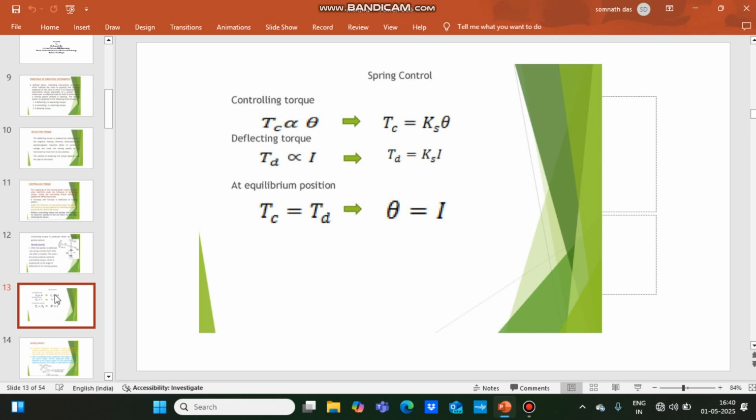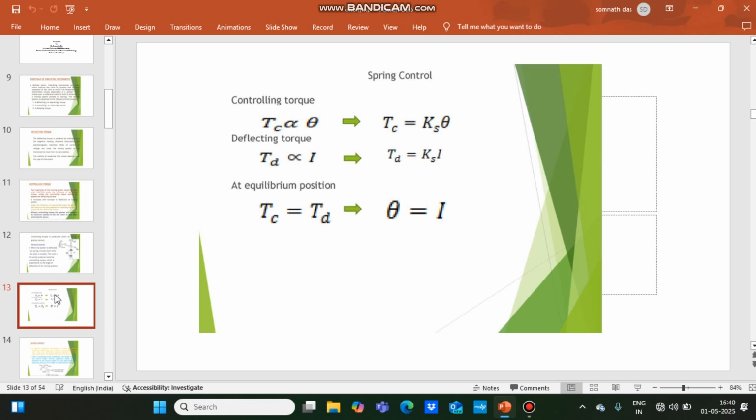In case of controlling torque, Tc is proportional to the angle of deflection theta. We can write Tc equal to Ks into theta, where Ks is the spring constant. Deflecting torque Td is proportional to the current flowing through the instrument I, or Td equal to Ki into I. At equilibrium, we can write controlling torque equal to deflecting torque.